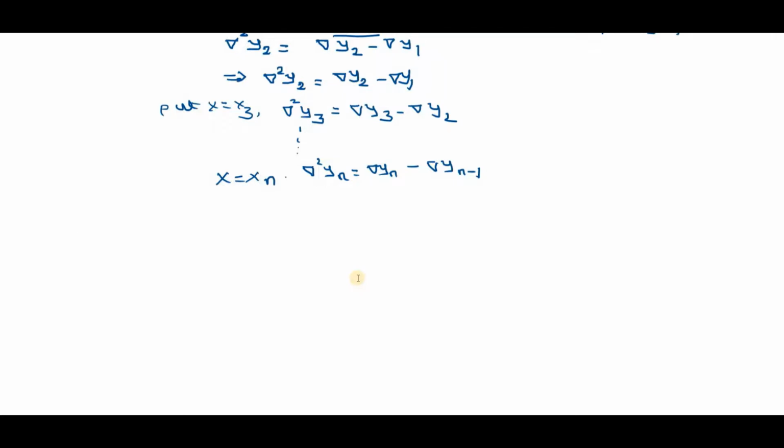Now, the above differences can be systematically presented in the form of a table called backward difference table. So here, let us say the first column is x, the second column is y, that is y is equal to f of x.